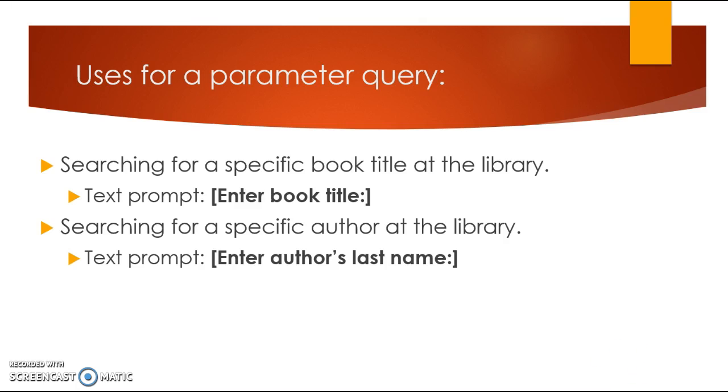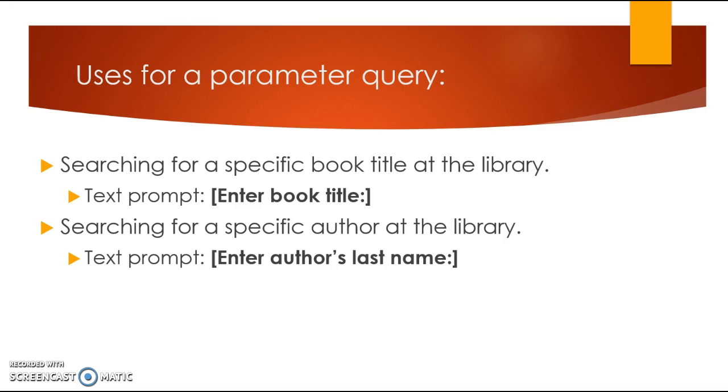Now we're going to look at an example of what that's going to look like in just a moment. So I can think of several uses for parameter queries, and one of them would be searching for a specific book title at the library. We might create a parameter query that prompts the user to enter a book title. So in square brackets I would type enter book title, and then that would be the text prompt that comes up for the user.